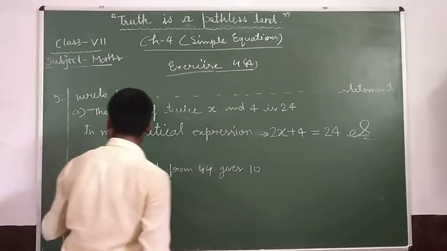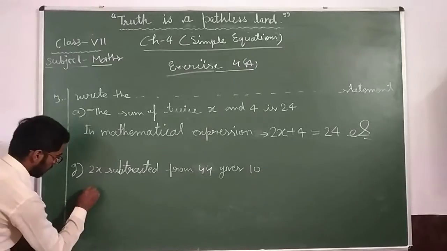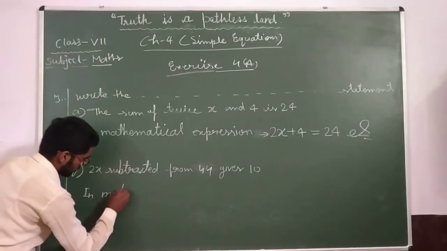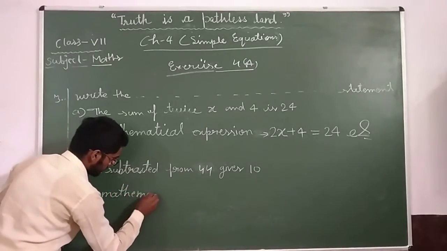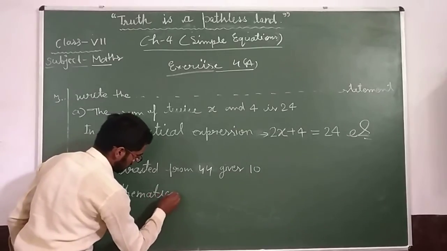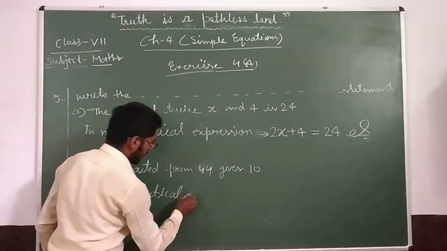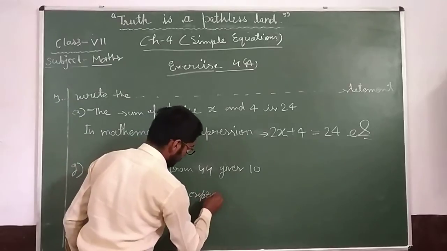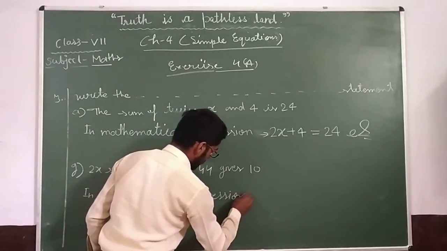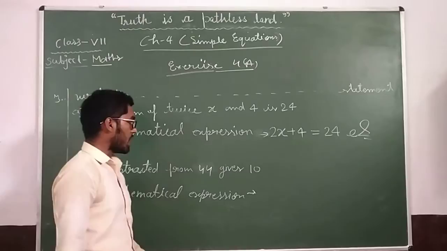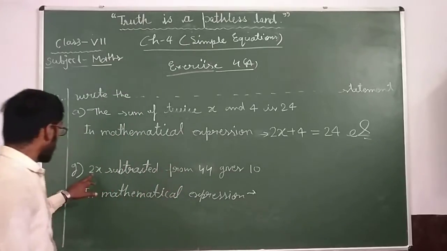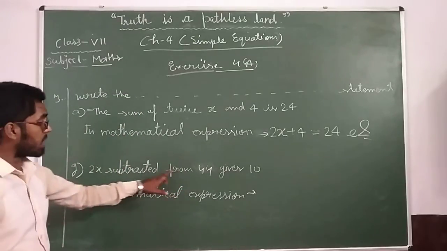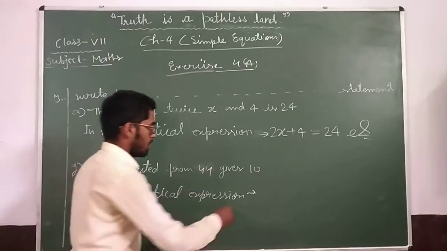Okay. Next, write it in a mathematical expression. So what will 2x subtracted from 44 be?